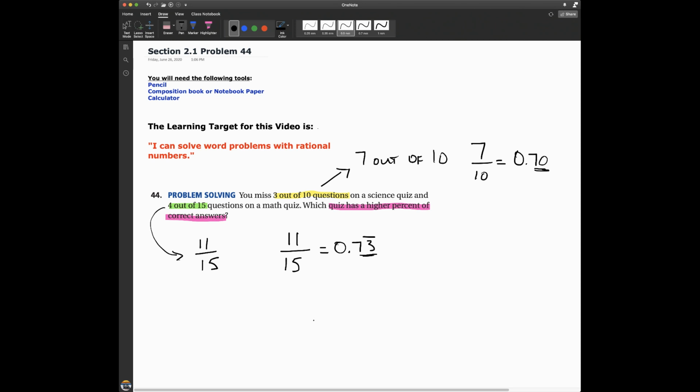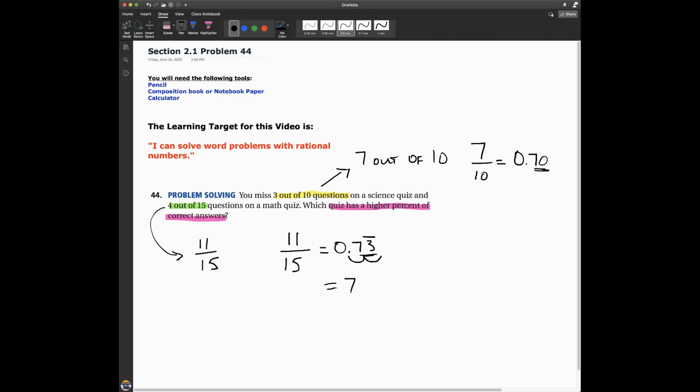So now I can compare these. Actually, we don't have to compare yet. Let's turn these into percents first, and then we'll compare. Again, we'll go through this in chapter 6: here is a way to turn a decimal into a percent. We look at where the decimal is, and we move it 1, 2 places to the right, in the direction to where the percent sign will go.